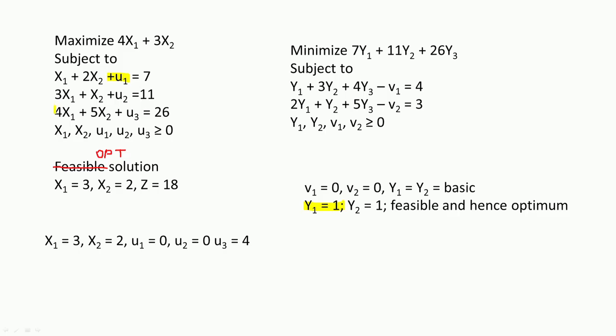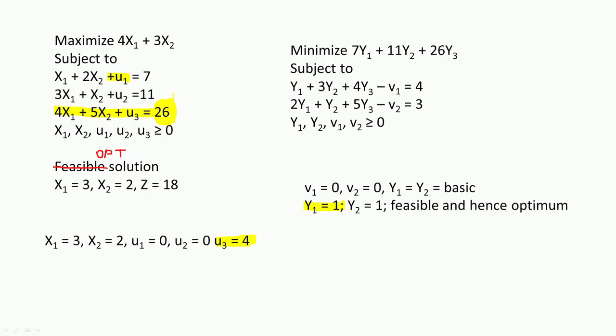Now if I take the third constraint, 4x1 plus 5x2 plus u3 equal to 26. So x1 equal to 3, x2 equal to 2 means 4 into 3 is 12 plus 5 into 2 is 10, 22. So u3 is equal to 4 means 4 units of this resource are available, and this resource 26 is not entirely utilized.